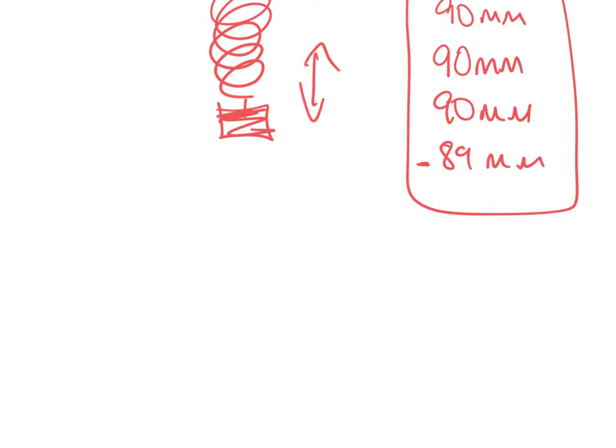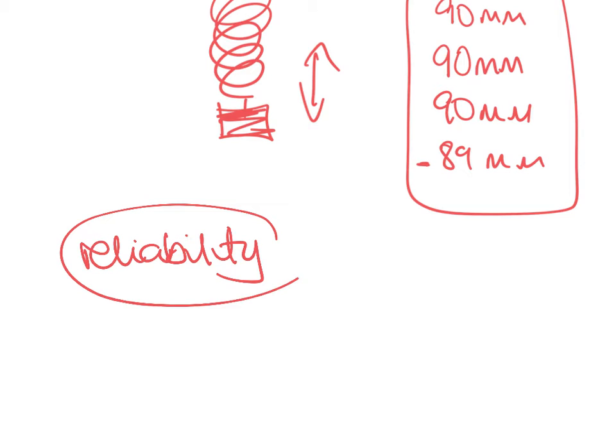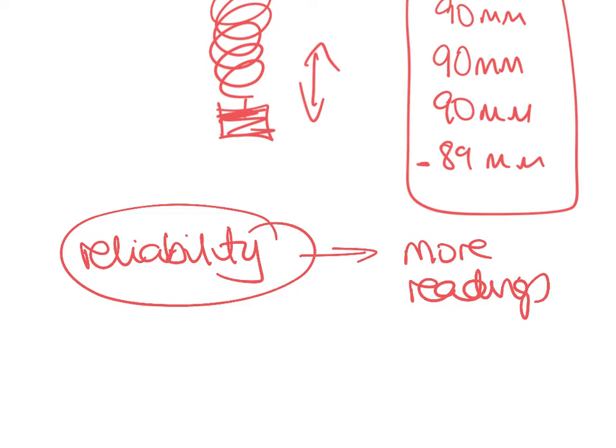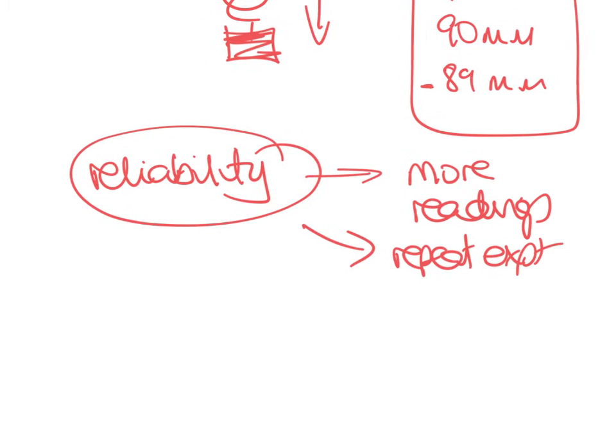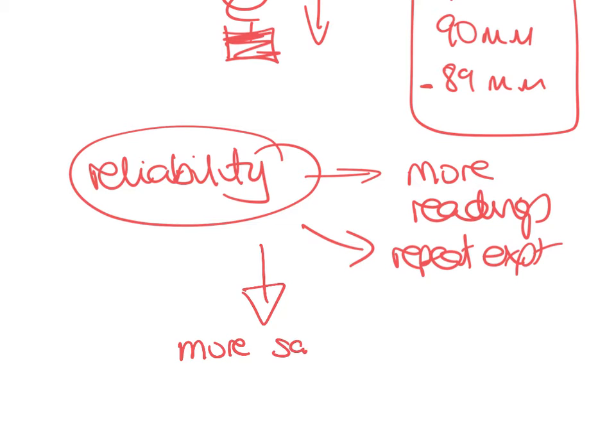If I only ask 2 of you, that's not considered reliable, but to increase the reliability of your results, you take more readings, if it's that kind of physics experiment, or you repeat the experiment more times, or in the case of field work, you take more samples, which means you put more quadrats down in this case.